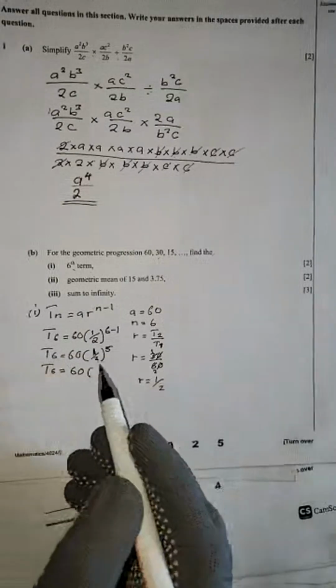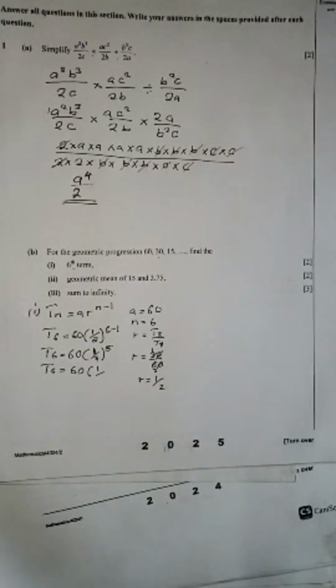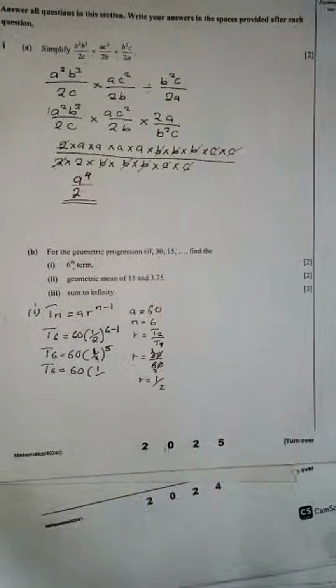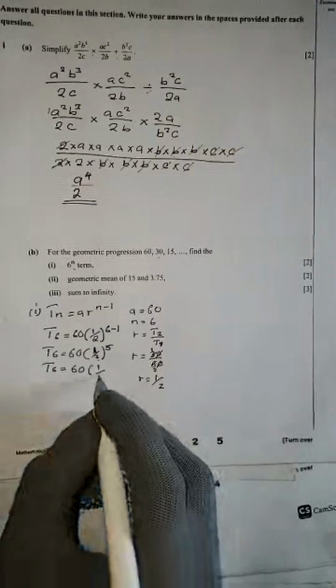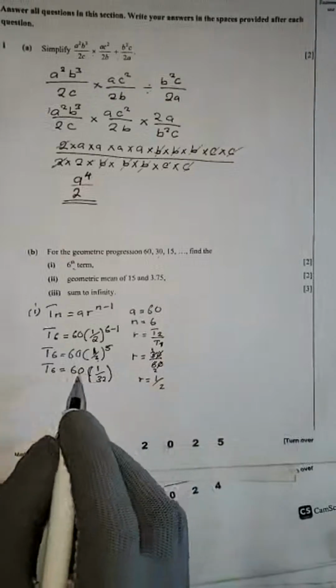Without wasting much of the paper, and this is just 2 marks, just get your calculator and punch 1 to the power 5, which will give us 1. 2 to the power 5 is 32. Then here you can now divide.